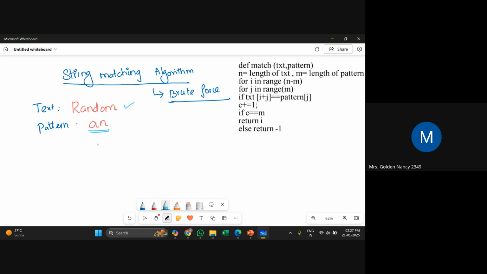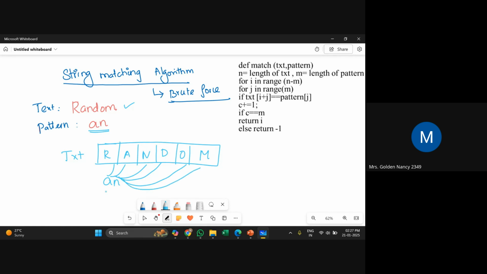For example, R A N D O M is the text. I want to take this pattern AN and compare it with each element in the array, and find the exact pattern in the given text.